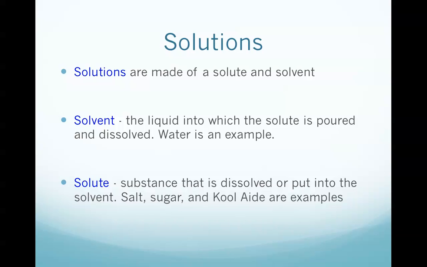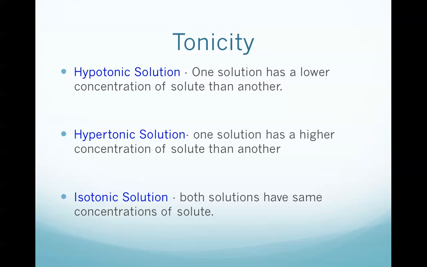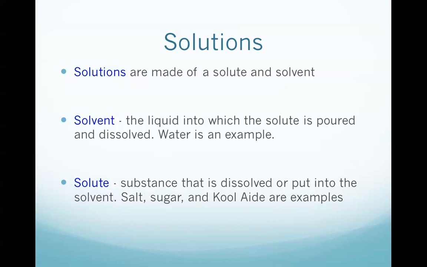A solute could be a powder, it could be a solid, it could be different things. Also, and you want to make sure you write this down, a solute can be ions, any kind of molecule. It doesn't necessarily have to be a large thing.